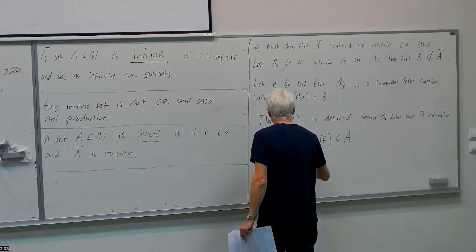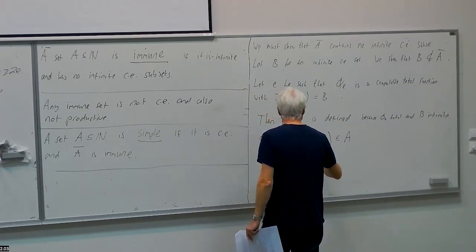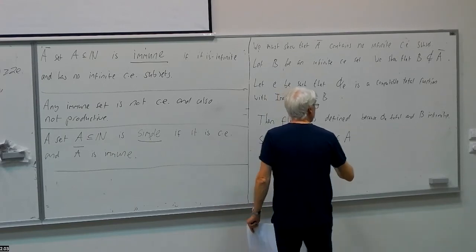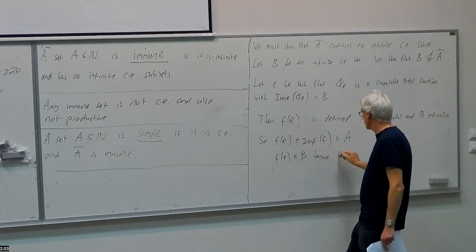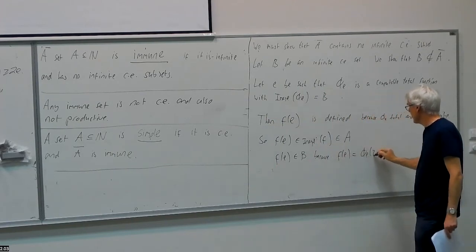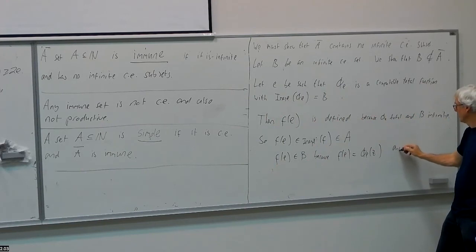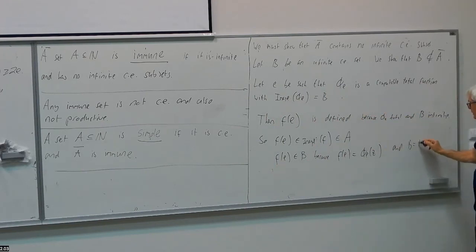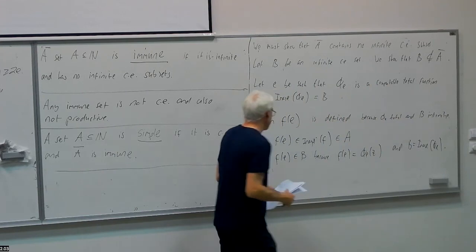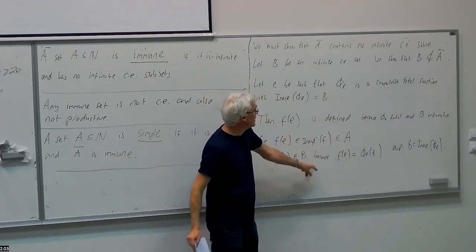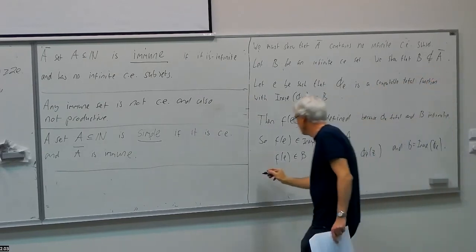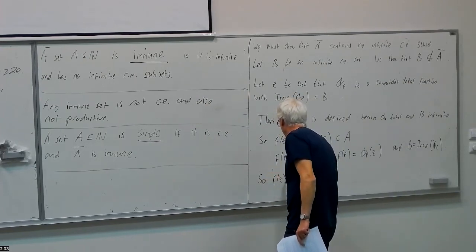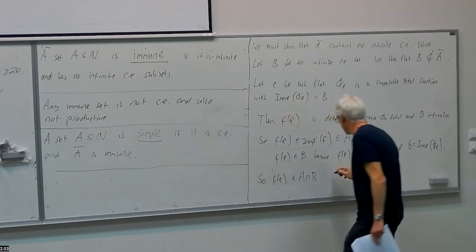But also f of B is in B, because f of B equals phi E of z for some z, and B is the image of phi E. So we have an element of A intersect B, and that means that B is not a subset of the complement of A. So in other words, f of B belongs to A intersect B. That's it.